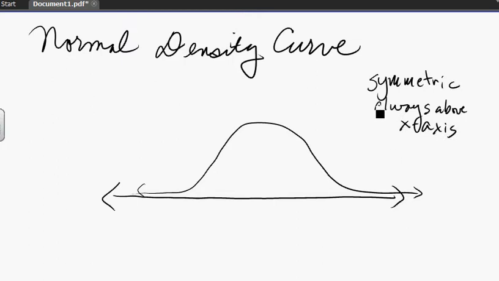And the area under this curve from negative infinity to positive infinity, because this curve goes from negative infinity to positive infinity, is equal to 1. It's a density curve.